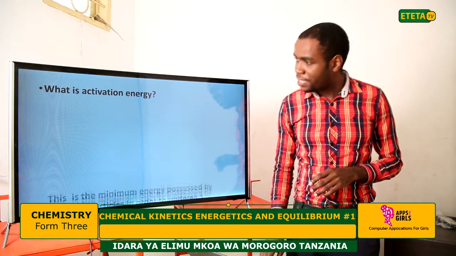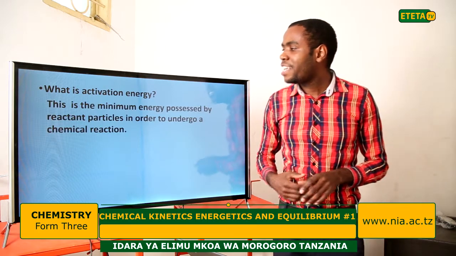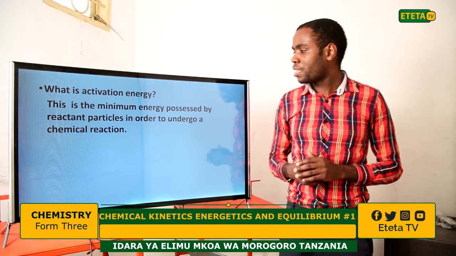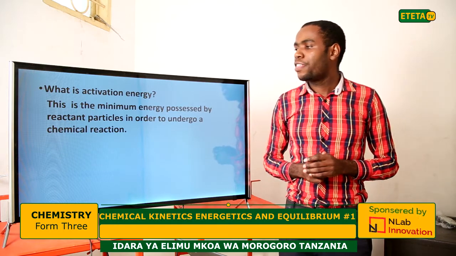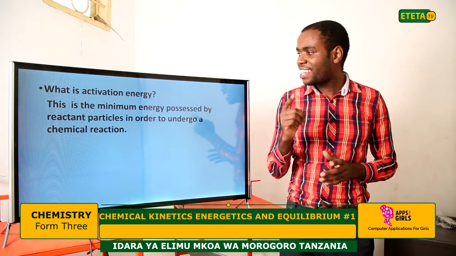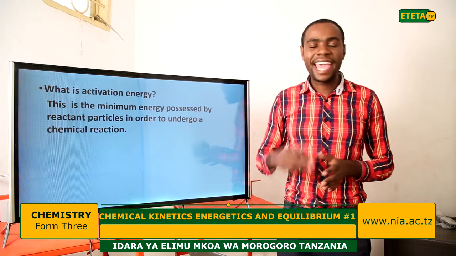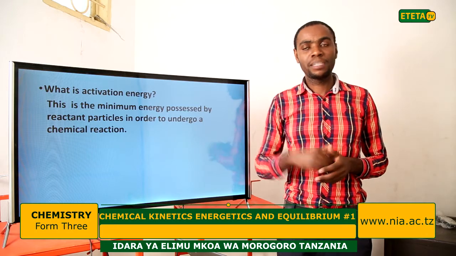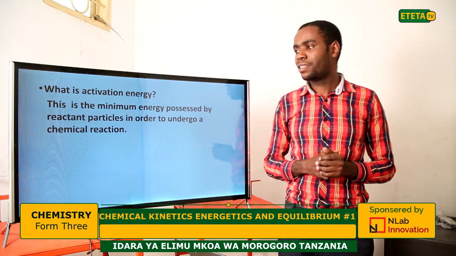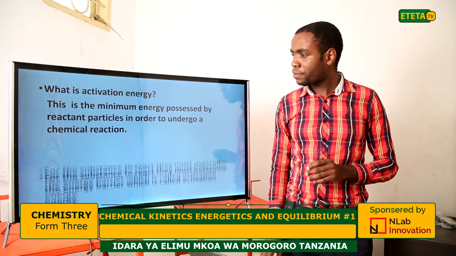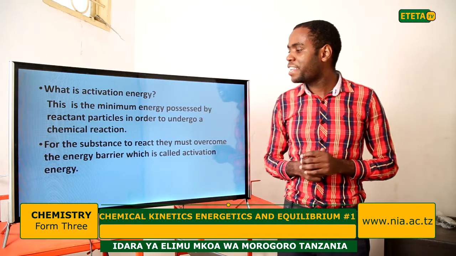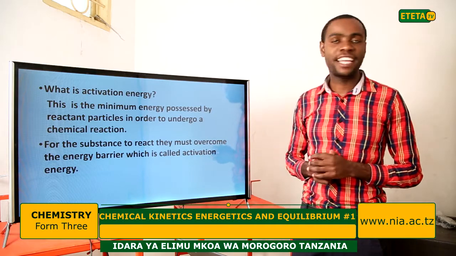By definition, you can say activation energy is the minimum energy possessed by reactant particles in order to undergo the chemical reaction. Minimum energy. Each reaction has this minimum energy. It's the energy barrier which must be possessed by particles in order to undergo reaction. So for the substances to react, they must overcome the energy barrier which is called activation energy.